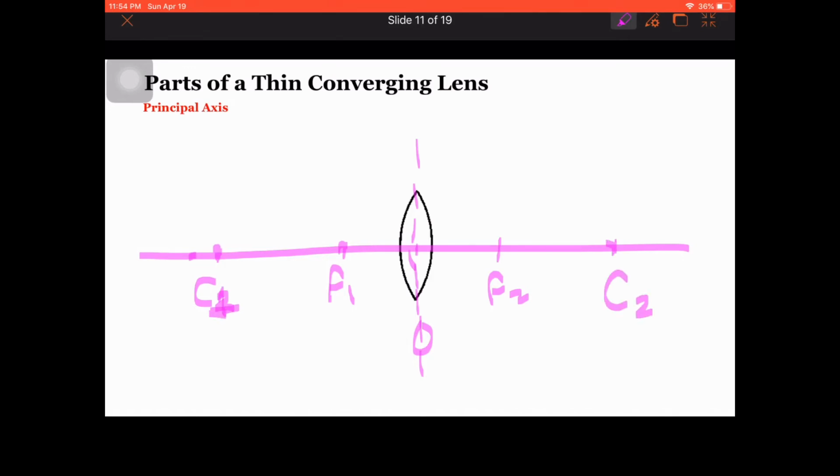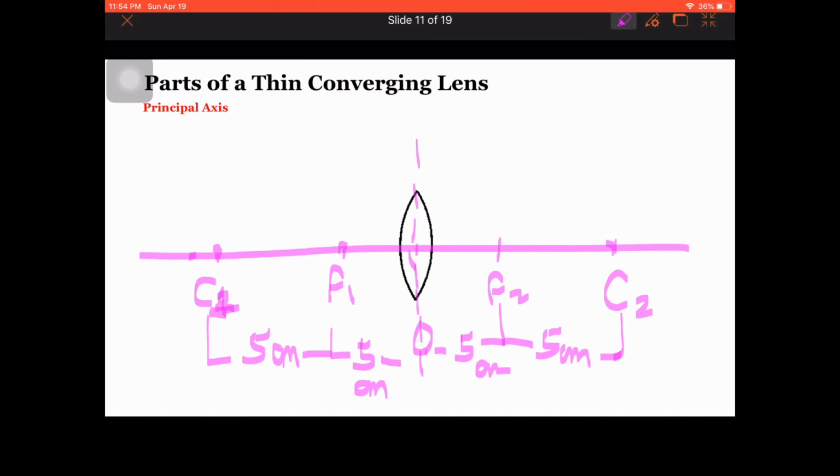Now, if the optical center O to F1 is, let's say, 5 centimeters, then O to F2 is also 5 centimeters. F2 to the center of curvature 2 is also 5 centimeters, and F1 to C1 is also 5 centimeters. They are all equidistant from each other, like this.